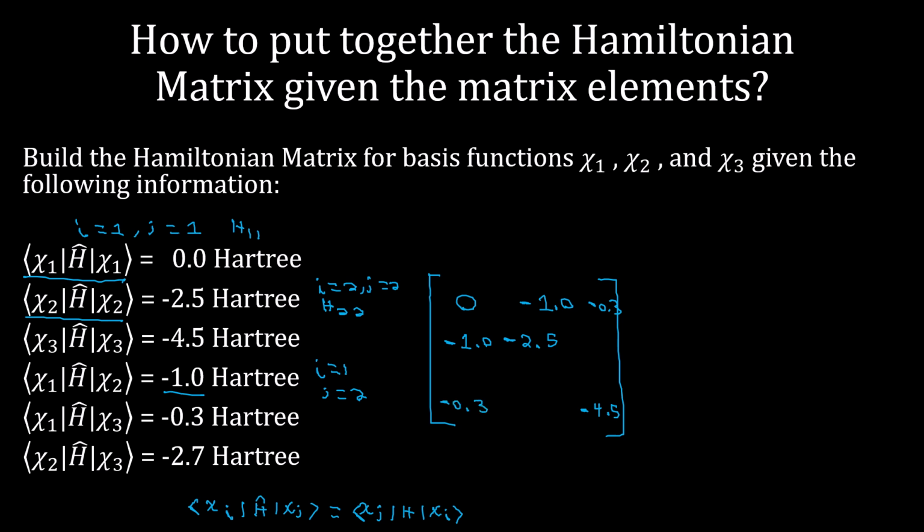And finally, we're given chi2 Hamiltonian chi3. That tells us that in row 2, column 3, we have negative 2.7. And similarly, we could flip the values of i and j, and we get that in row 3, column 2, we also have negative 2.7. So in this case, this matrix here will be our Hamiltonian matrix for the given information.